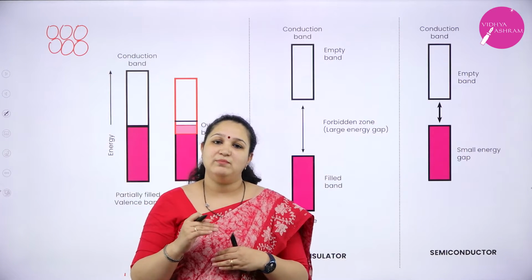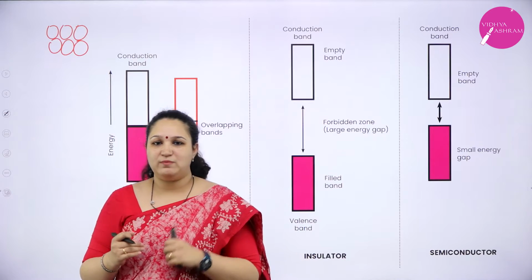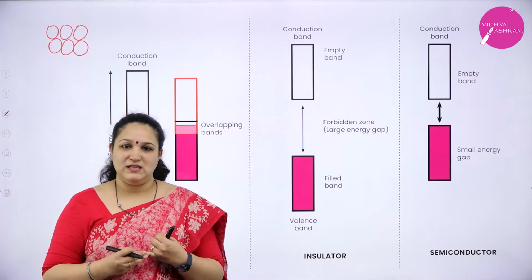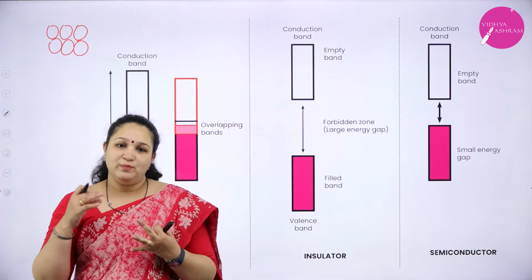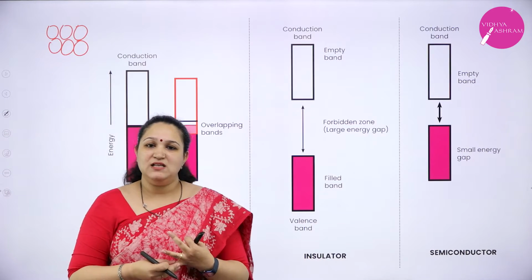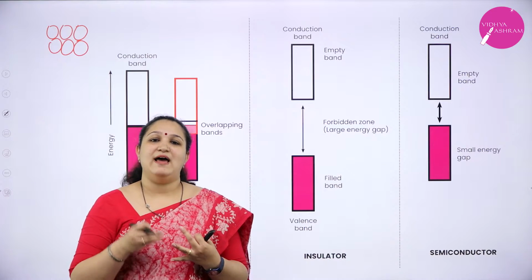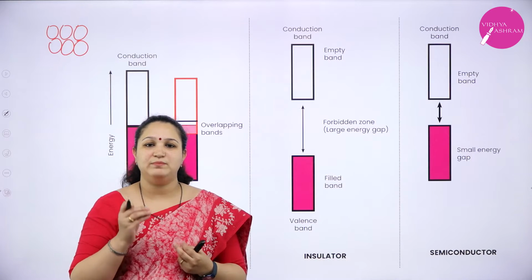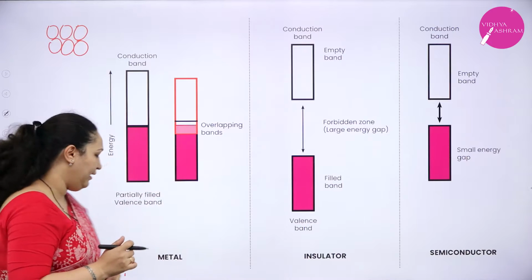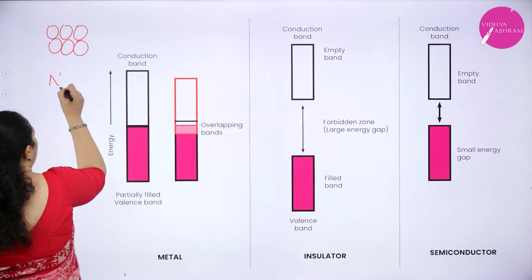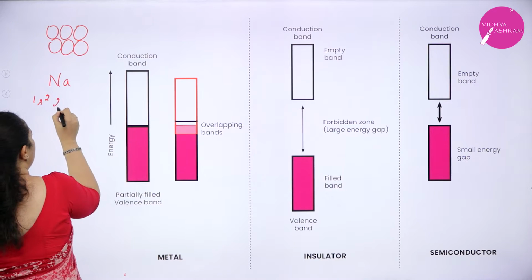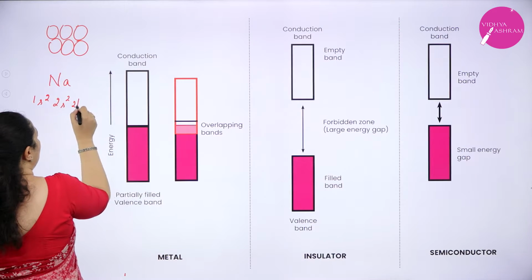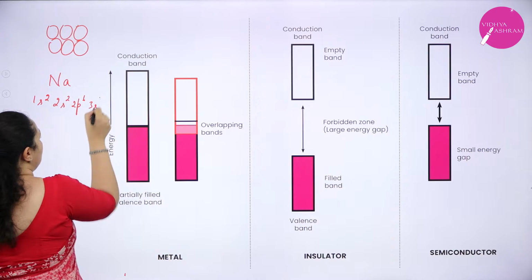So basically there are three types of bands possible: valence band, conduction band and forbidden band. Now to make it very easy for you all, valence band will contain the valence electrons. For example, if I take sodium, electronic configuration 1s2, 2s2, 2p6, 3s1.